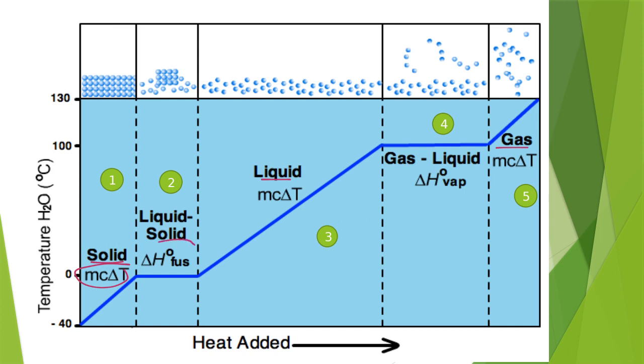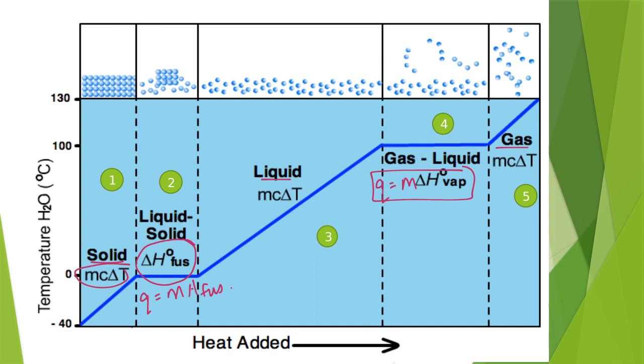Once we hit the phase change itself, we're using Q is equal to M times the heat of fusion here. And right here, we would be saying Q is equal to mass times the heat of vaporization.